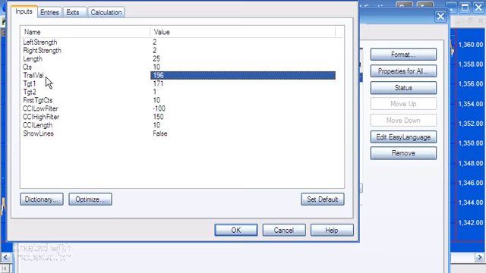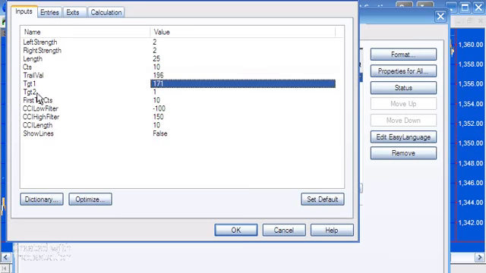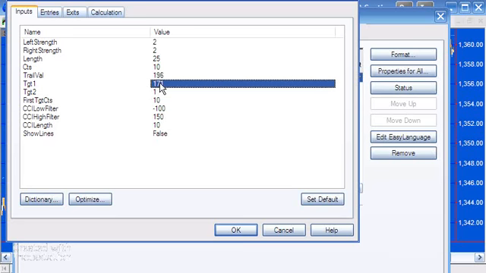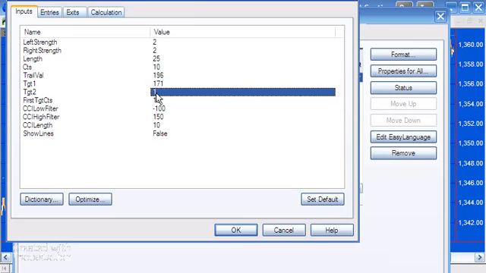Now, the trail val, target 1 and target 2 are all calculated using this user input multiplied by the min move divided by price scale. User input TGT1 is used to define the first target. So what we do is we add the calculated value of the target onto the entry price, and then target 2 is in addition to target 1.